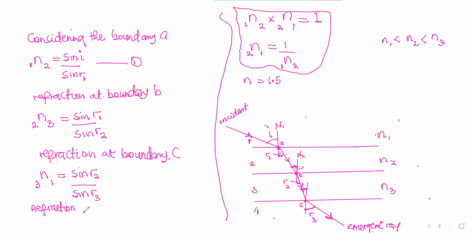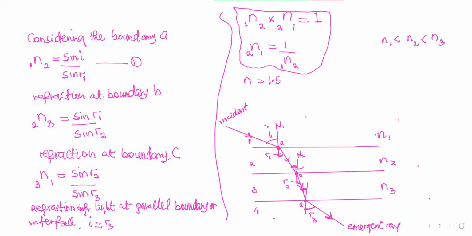In refraction of light at a parallel boundary or interface, the angle of incidence I is always equal to the angle of emergence R3.